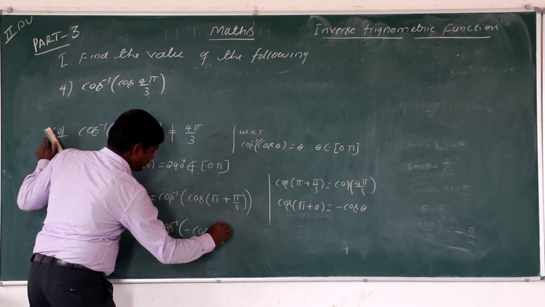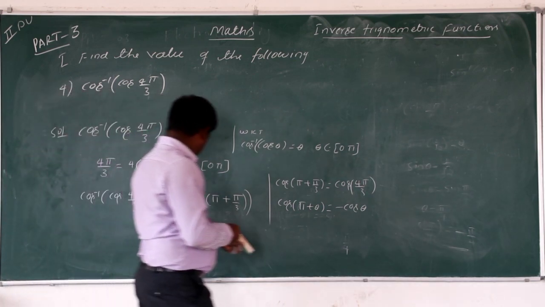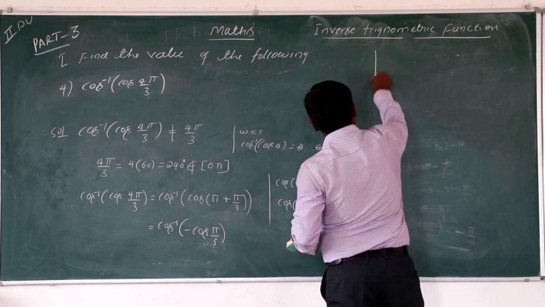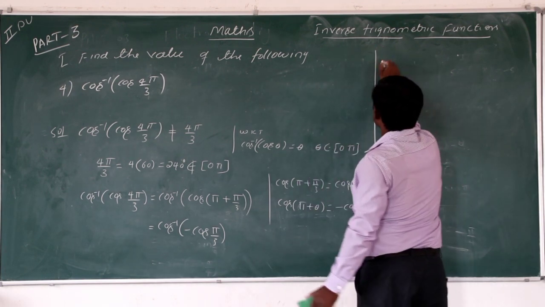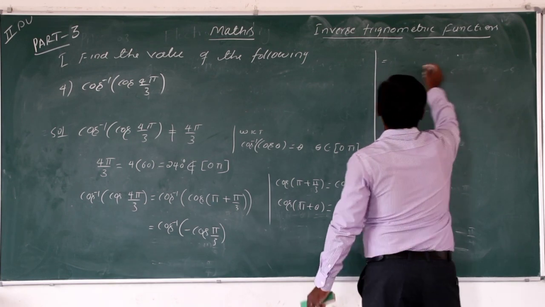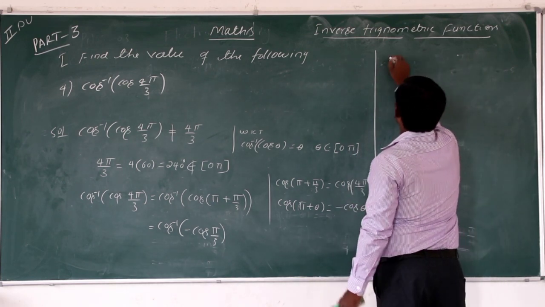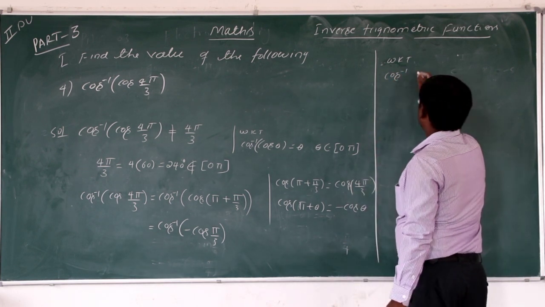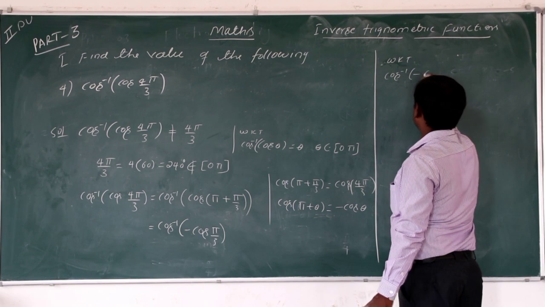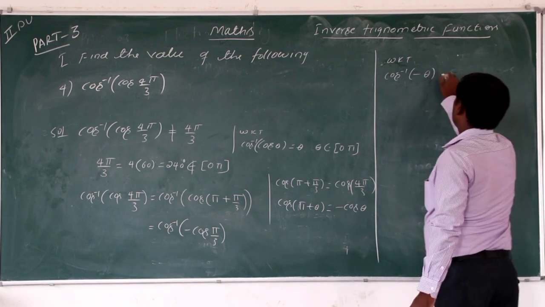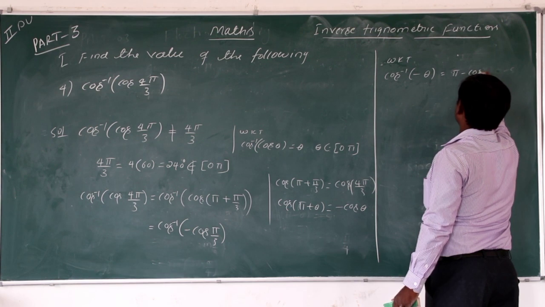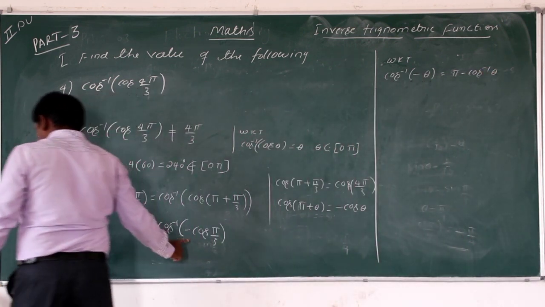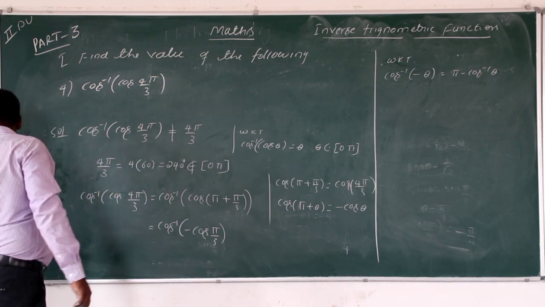We know that cos inverse of minus theta is equal to pi minus cos inverse of theta.